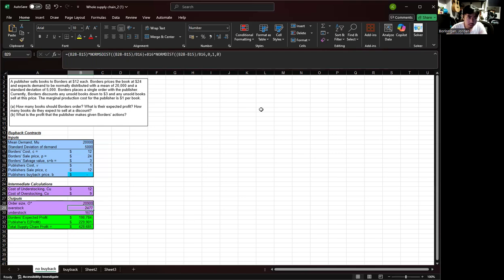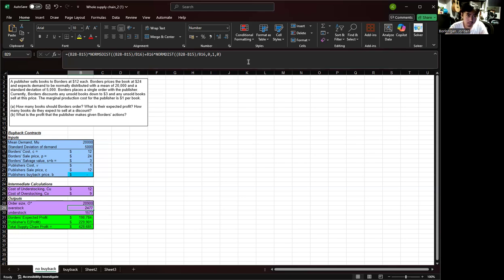And as for the overstock, again similarly to the last problem, the optimal order quantity is subtracted by the mean, and then it undergoes the normal distribution of the z value, and this is added to the z value itself multiplied by the height of the standard normal curve of the z value.